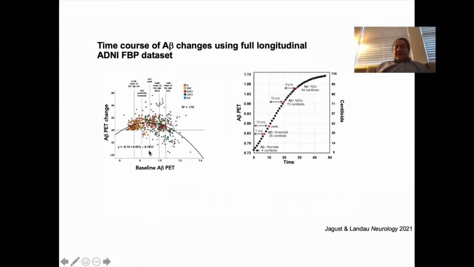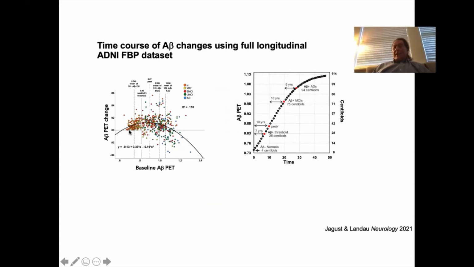This is a slide from Bill Jagust's lab using the longitudinal data we have on amyloid PET to show the time course of amyloid changes over the full course of the disease. Basically, this is showing the rate of amyloid accumulation over time. And this shows the absolute measurement of amyloid beta PET over time.